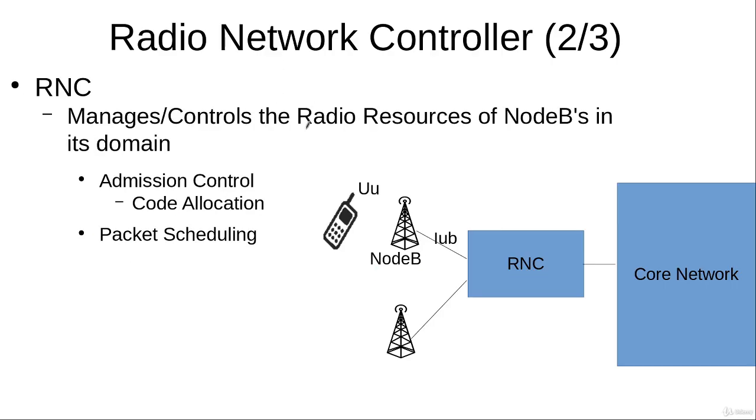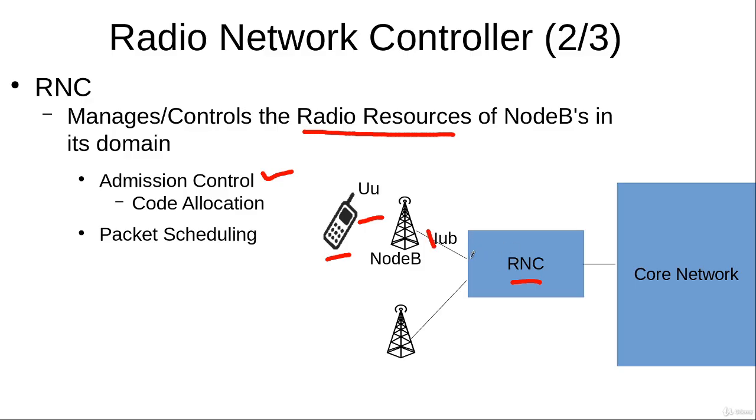Now, as part of the radio resource management, the radio network controller also decides about the admission control. For example, if this user equipment wants to make a call, then in that case, it needs to be assigned uplink and downlink channels on the air interface, and it also needs to be assigned channels on the Iub interface.